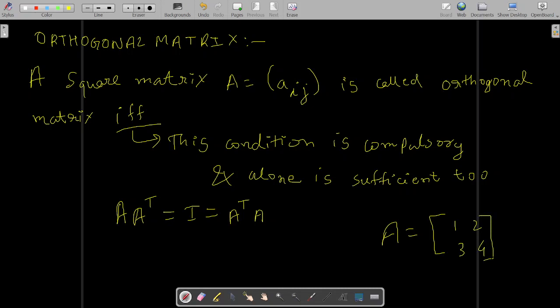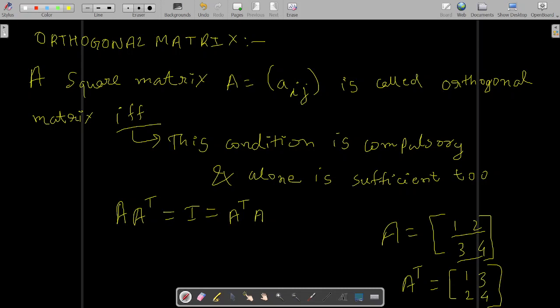How is the transpose found out? The transpose is found by interchanging the rows and columns. So the first row becomes the first column and the second row becomes the second column. 1, 2 will come over here and 3, 4 will come over here. The rows become columns. That is the meaning of transpose.